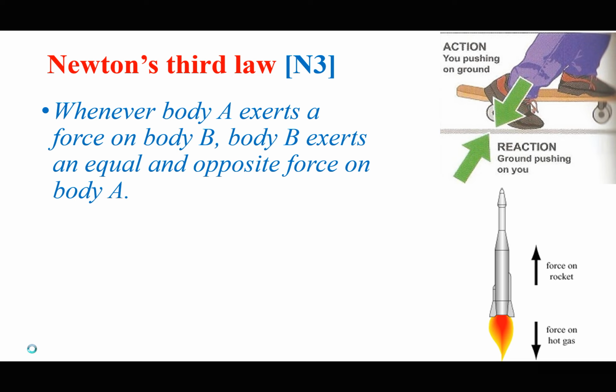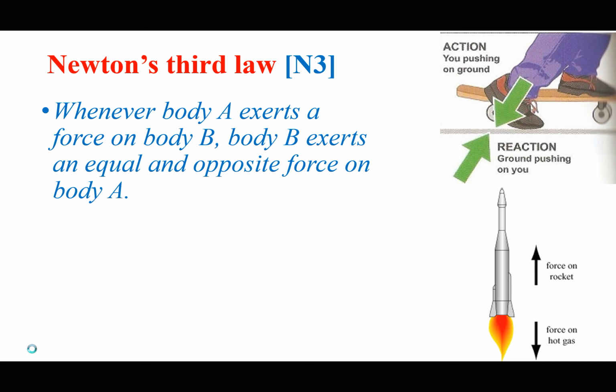Space rockets work because of the same law. To expel the exhaust gases, the rocket exerts a force on the gases downwards. And the gases are expected to exert an equal and opposite force on the rocket upwards, which accelerates the rocket forwards.